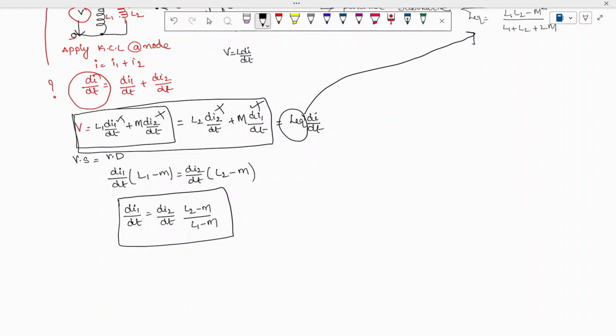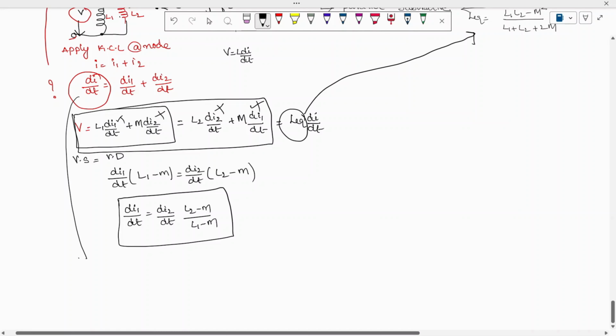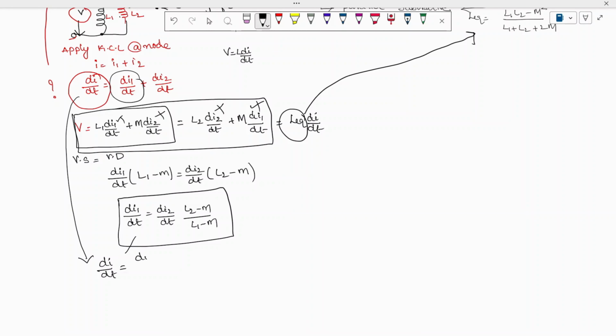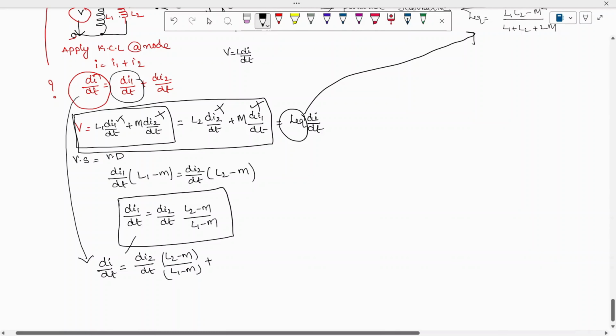So now let us see an equation only in terms of I2. So here I am now writing the equation of di by dt. Therefore, di by dt is equal to, substituting the value here, di1 by dt in terms of di2 by dt. So this I can write as di2 divided by dt into L2 minus M divided by L1 minus M, plus, what is the second term?